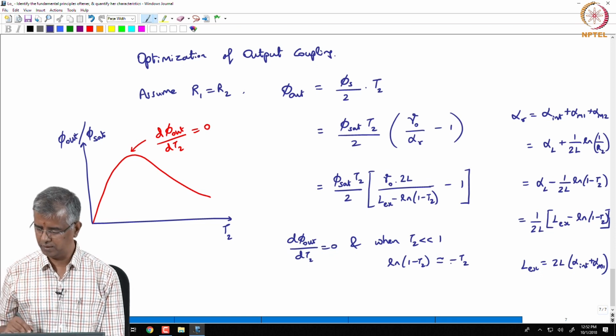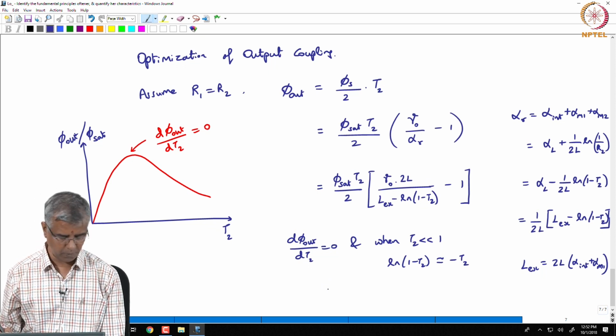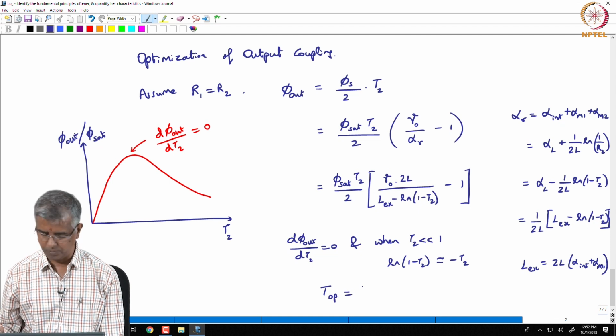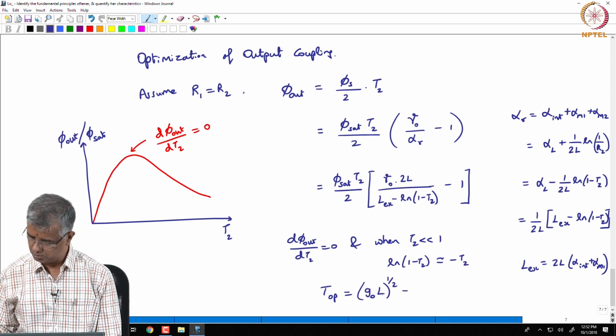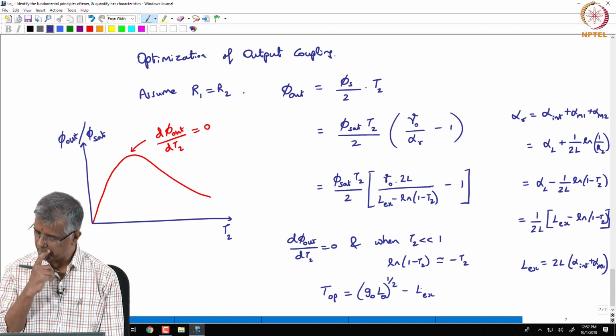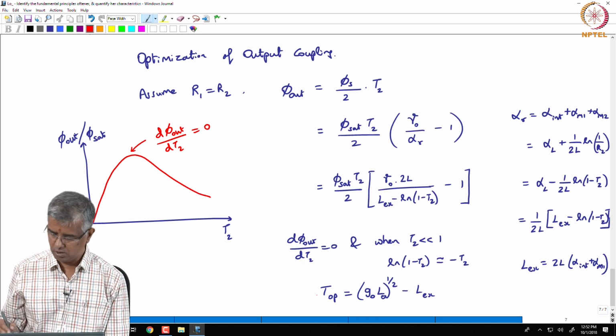If I have those two incorporated, then I will come up with a final expression which says that the optimum transmission is going to be given by G naught into Lx to the power of half, minus Lx. Lx corresponds to the extra loss.